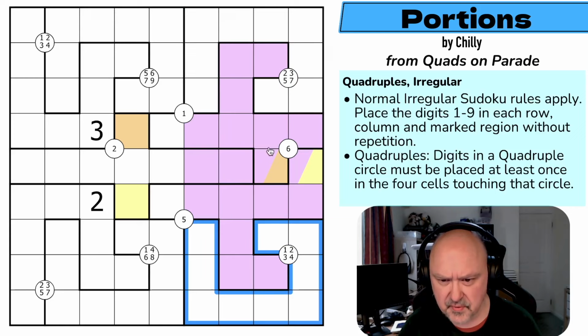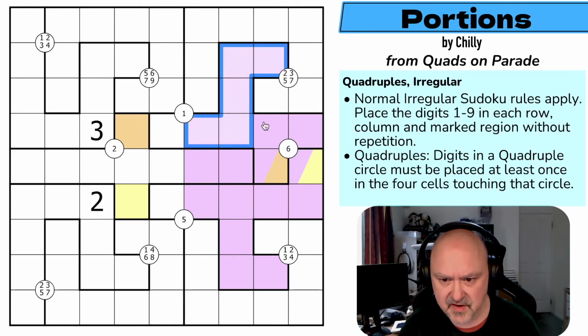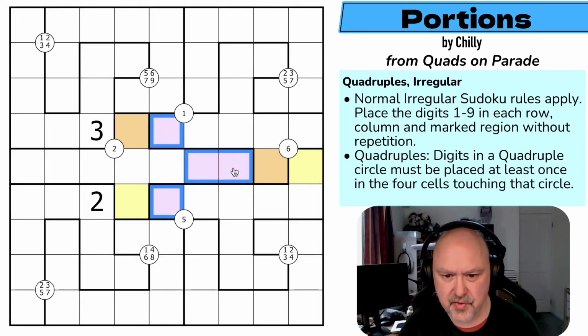I don't have complete regions, but these 2 cells are poking out of that region. So if I toggle that region, I end up with that being off and that being on. And if I toggle this region, I end up with those being off and those being on. And I end up with those needing to be the same digits, basically. So these digits need to be those digits by the same law of leftovers.